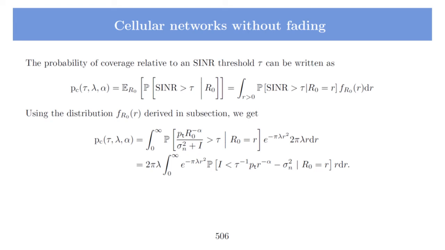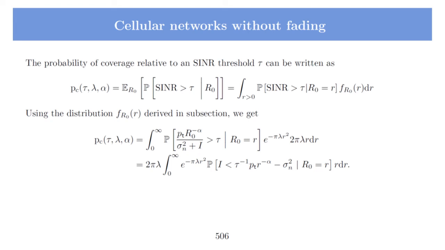If we look at the middle term, which is the probability that SINR is more than threshold conditioned on R0, we can write the SINR term as transmit power times R0 to the power minus alpha divided by sigma n square plus interference. These are all conditioned on R0 equal to R.